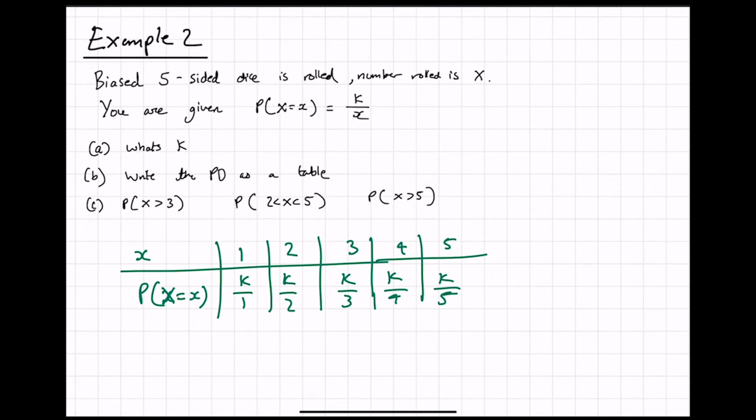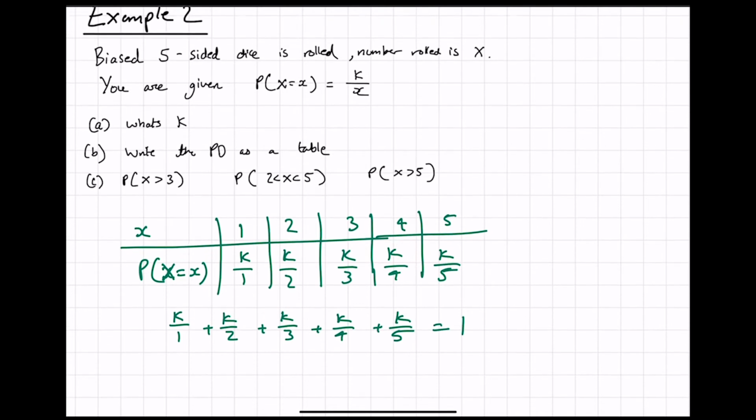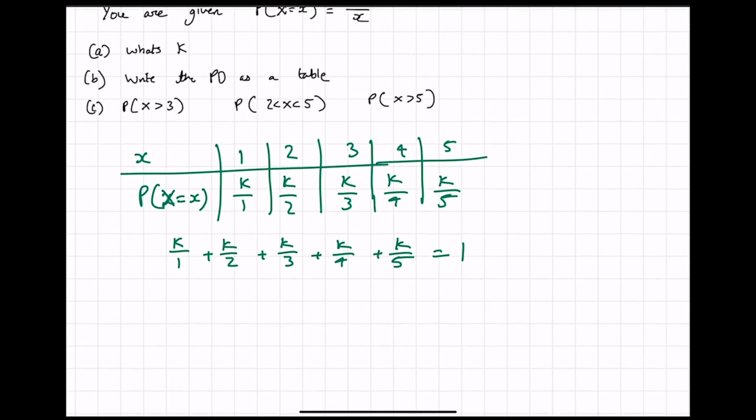Now I know based on the rules of probability that all of these will add up to 1. So k over 1 plus k over 2 plus k over 3 plus k over 4 plus k over 5 should equal 1. So now all I need to do is solve this equation, and this is a fairly simple equation to solve.